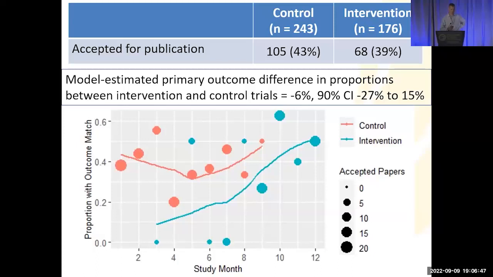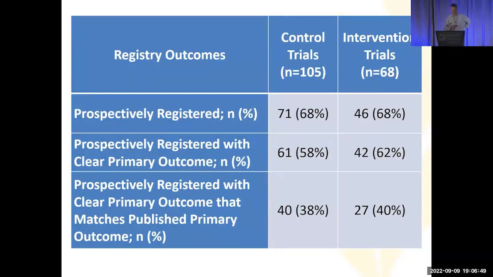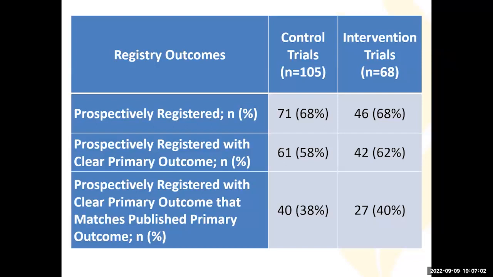pre-specified and published interventions. I do think it's informative to break our primary outcome down into its component parts and look at each of those independently. So, as you recall, there were really three components. Was the trial prospectively registered? Were there clearly defined outcomes in the registry?